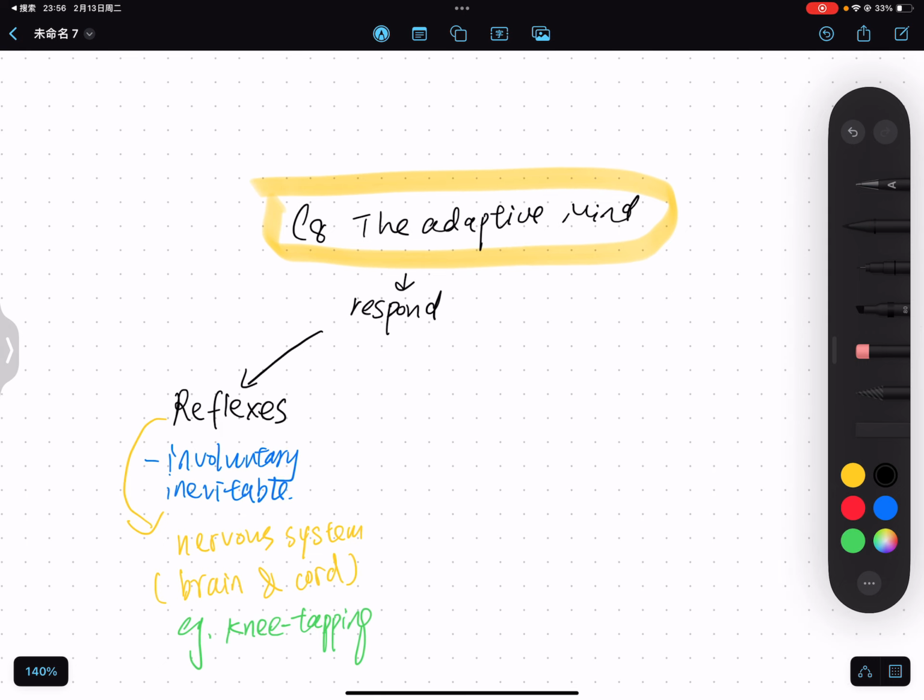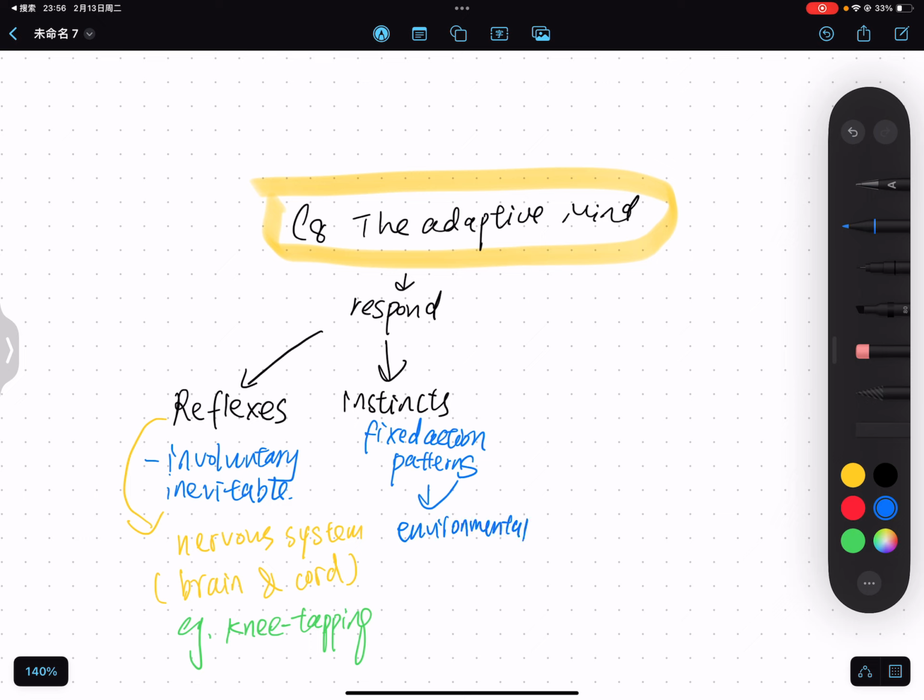And the second way is instinct. Instinct is a fixed action pattern. It is an inborn pattern that we have when we are born, and sometimes it is released by an environmental stimulus.